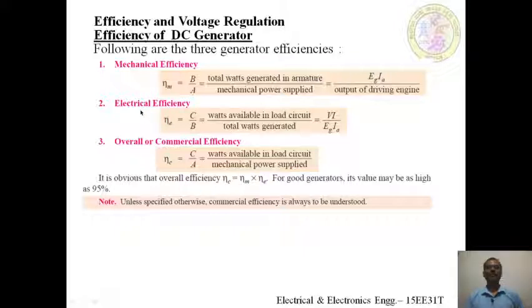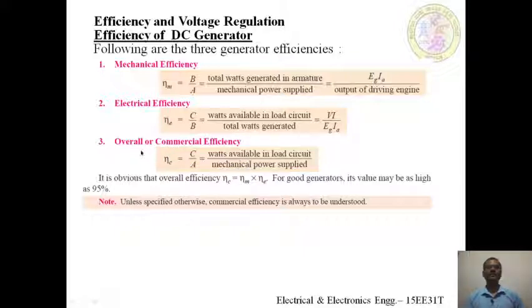The second efficiency we use with generators is electrical efficiency, that is given by watts available in the load circuit, that is actual output power, divided by total watts generated in the armature. The watts available in the load circuit is Vi, divided by the total power generated in the armature, Eg Ia.